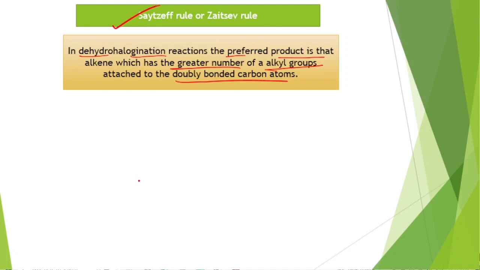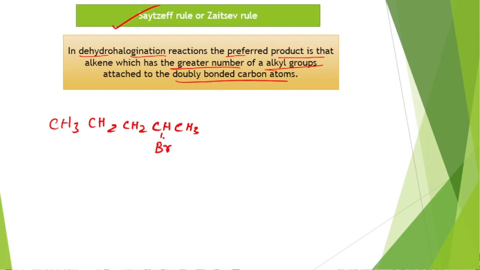So now listen here, I am going to have a compound. The compound is CH3, CH2, CH2, CH, CH3 with Br attached.